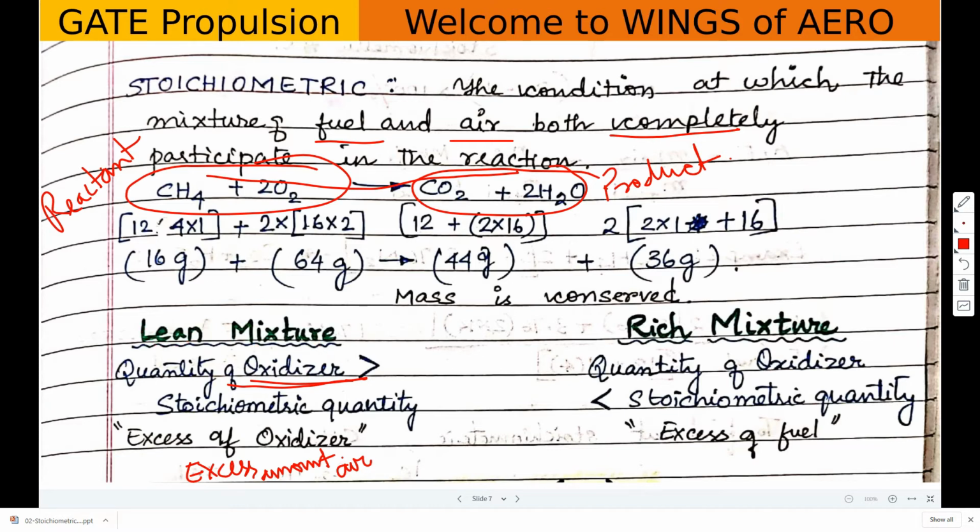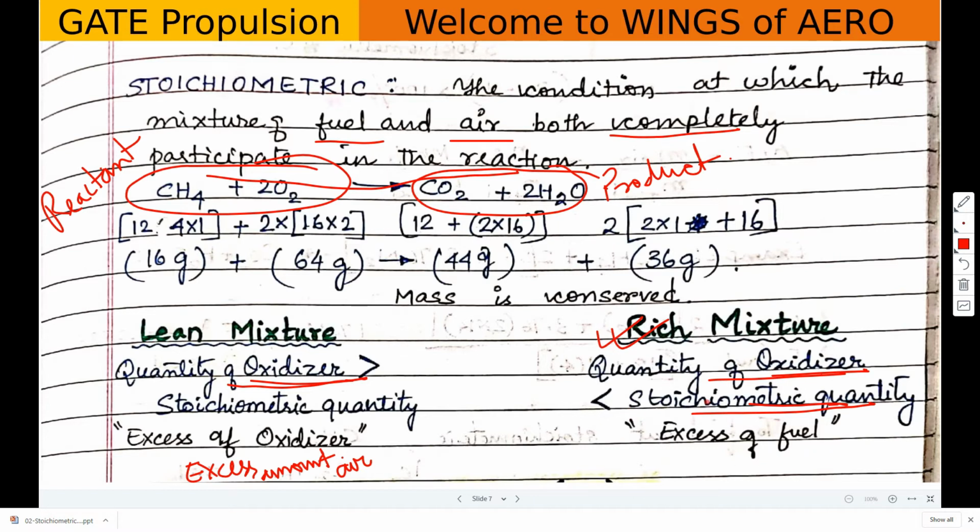We call it a rich mixture when the quantity of oxidizer is less than the stoichiometric quantity, because there is an excess amount of fuel as compared with the oxidizer.